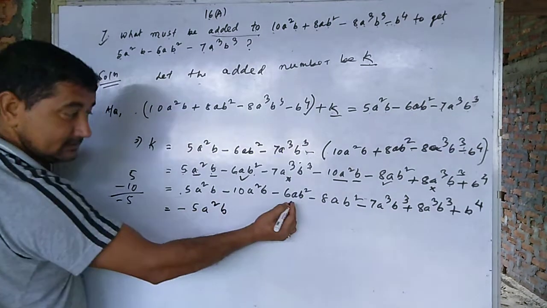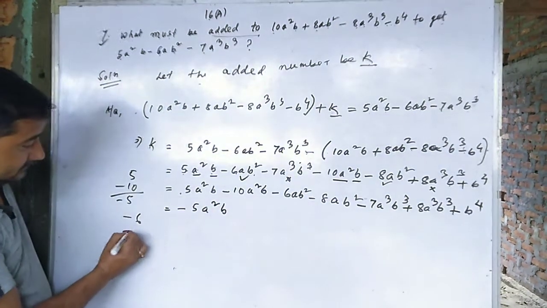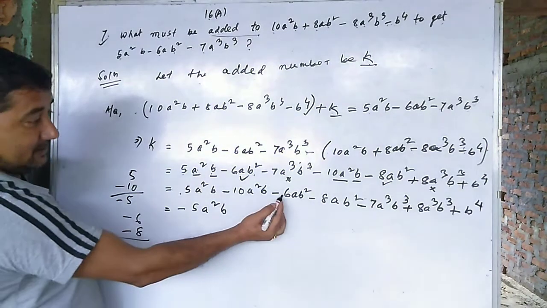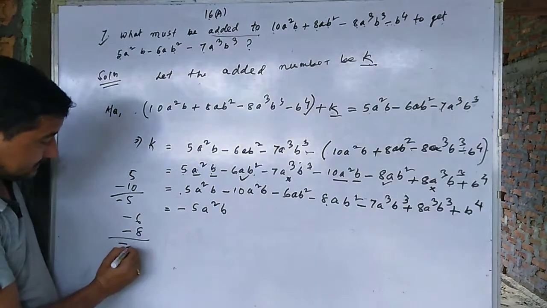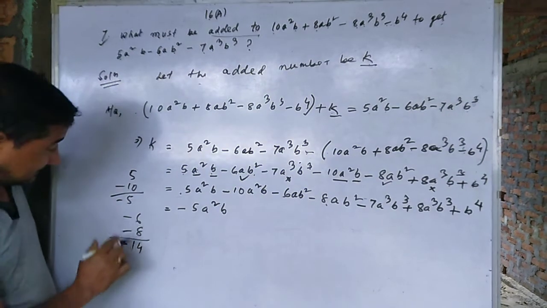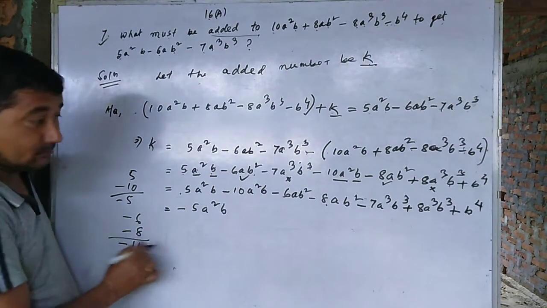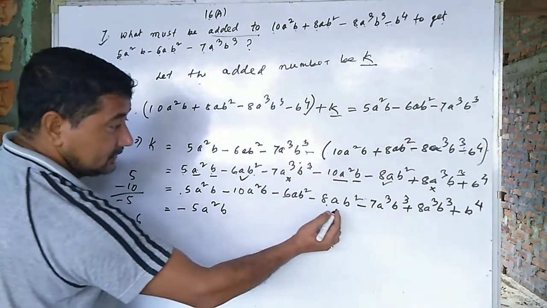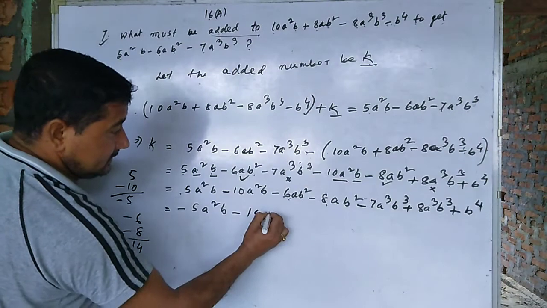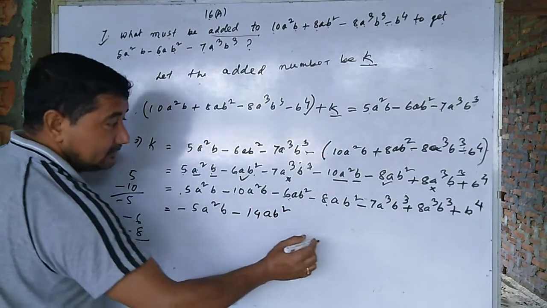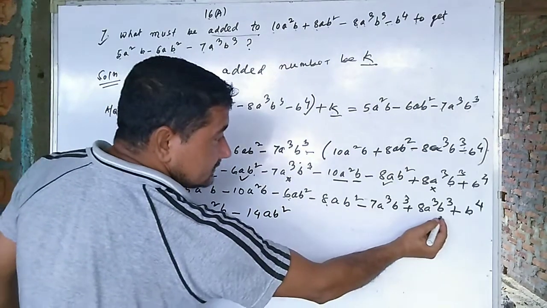Then minus 6 and minus 8 gives minus 14, so minus 14ab square.